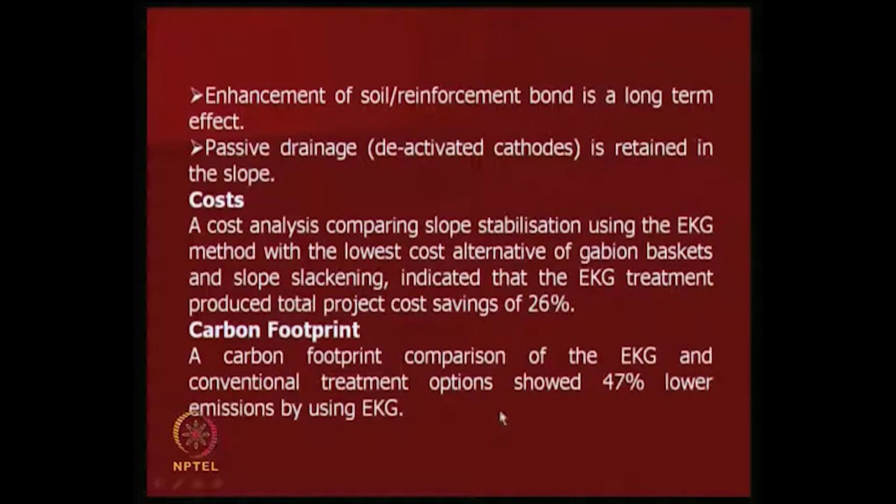Another important thing is that it was very cost effective, up to 26%, and also about 47% better compared to the other ones, because the conventional treatment options, for example gabion baskets, involve the use of aggregates and even steel.